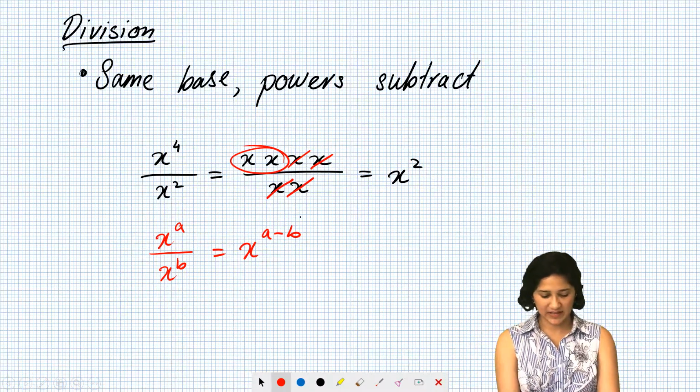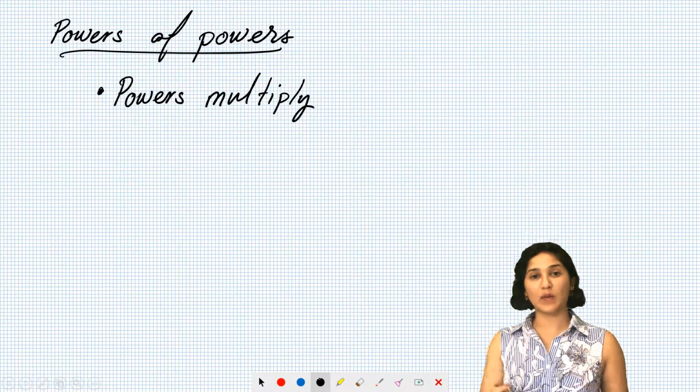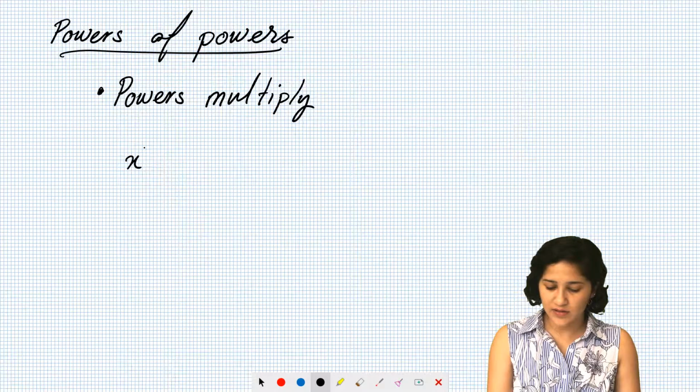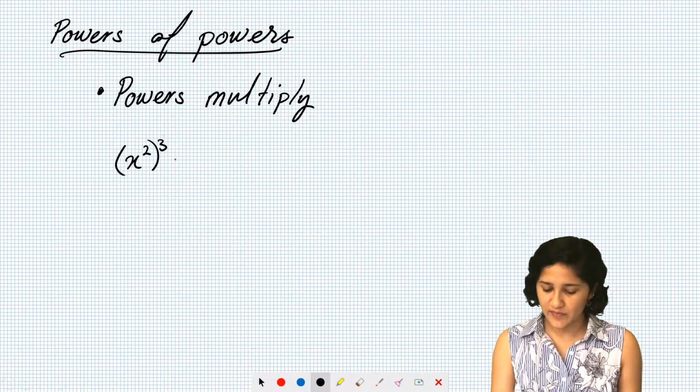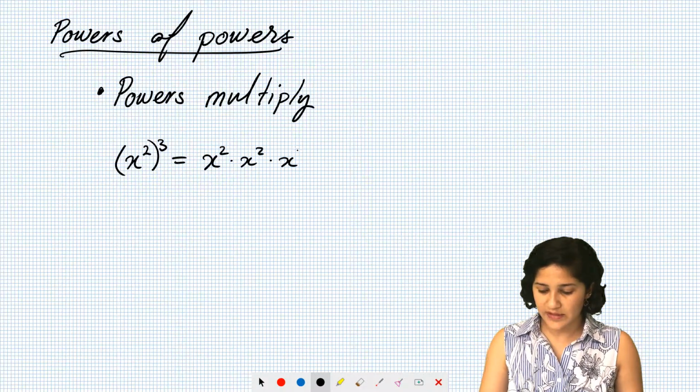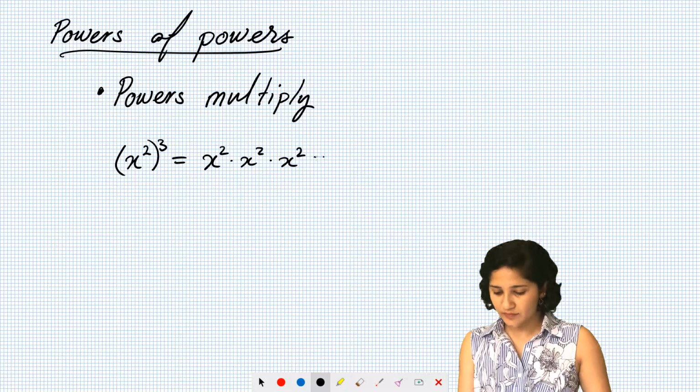All right. So what happens if I have a power to a power? For example, if I have x squared to the power of 3. Well, then I know that's the same as x squared times x squared times x squared, because that's what cubed means.